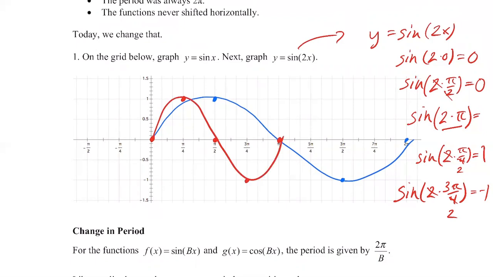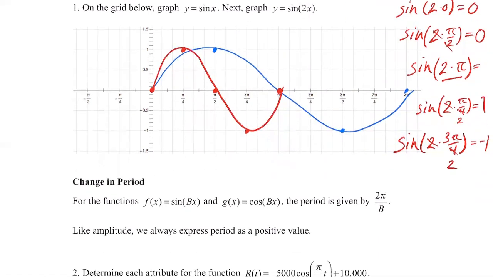So we have just squished our original function horizontally by 1/2. Change in period. Here's how we calculate it. For the functions f of x equals sine of bx and g of x equals cosine of bx, the period is given by 2 pi over b.